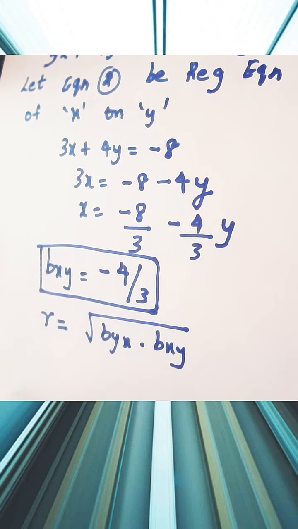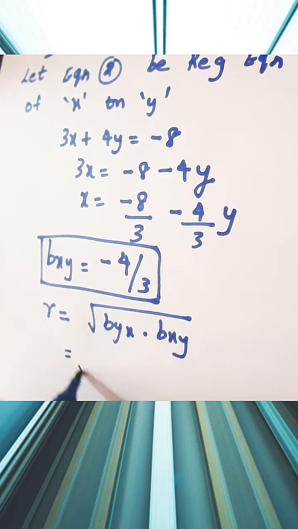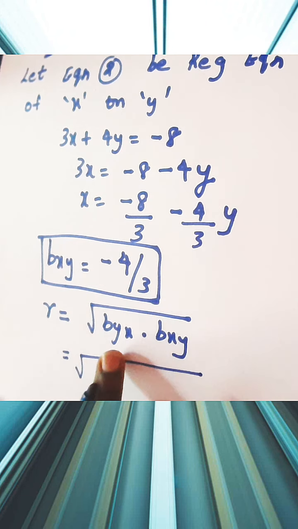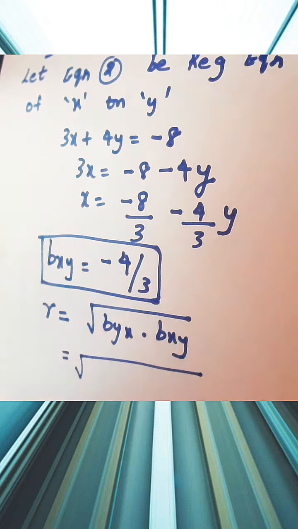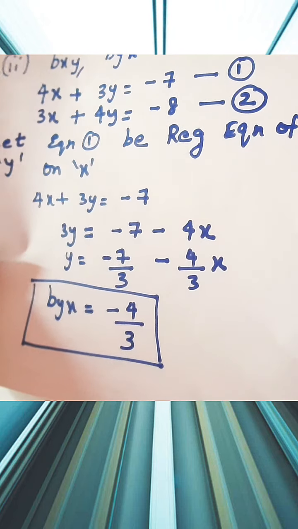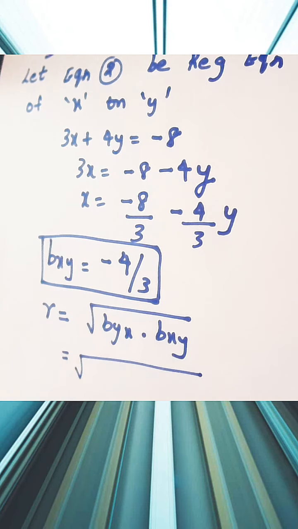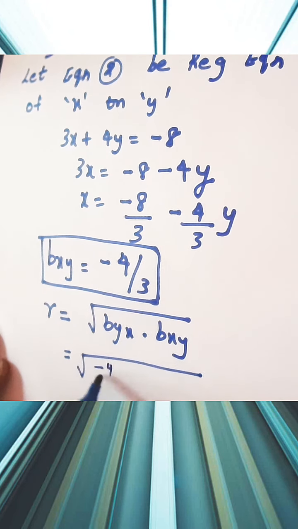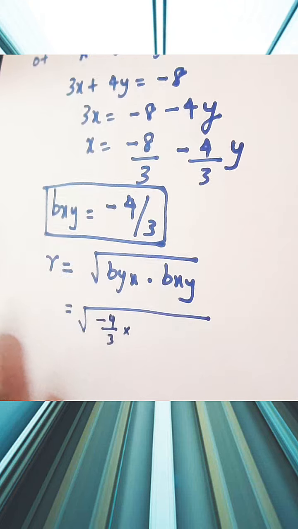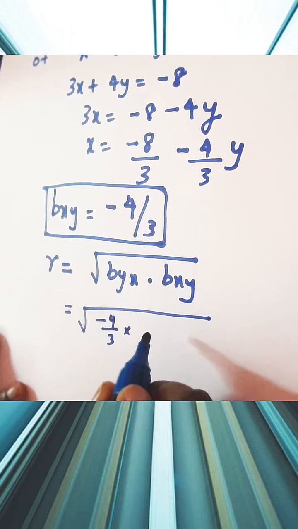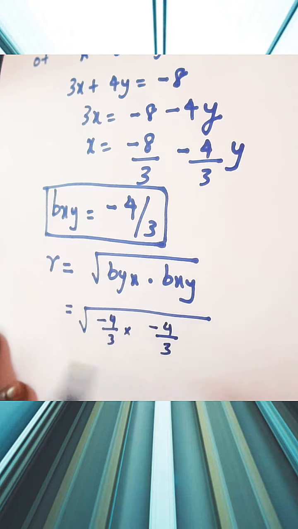Very important property. So, square root of, what is the byx we got? We got the value of byx as negative 4 by 3, right? Our assumption, we'll write as negative 4 by 3 multiplied by, and what is the bxy we got? Negative 4 by 3. I'll take the negative out. Don't think negative and negative will become positive here.